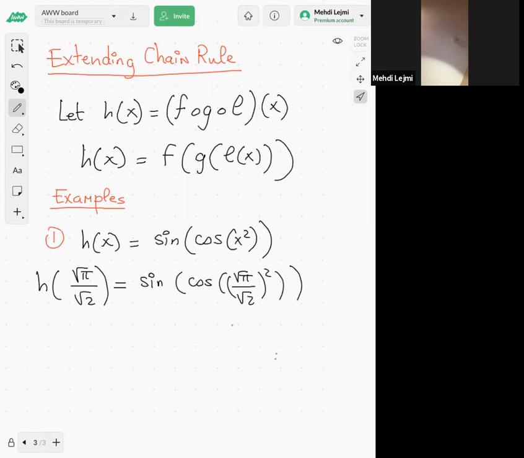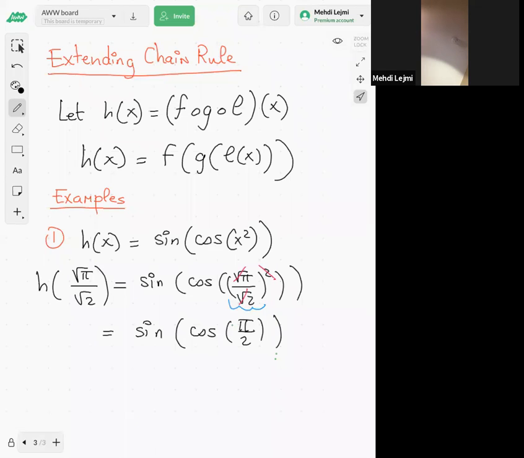So guys, here you have to apply the PEMDAS rule. First, you start from the inside. Inside, you have this square of square root of pi over square root of 2. The square and the square root cancel out. So this is actually sine of cosine of pi over 2.